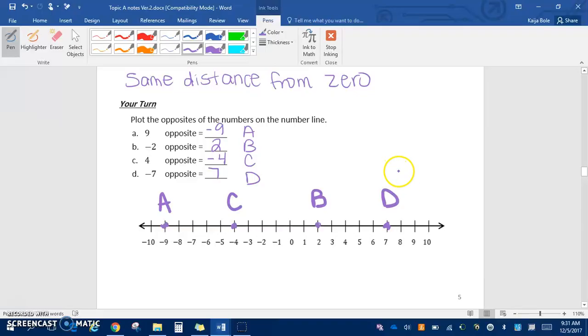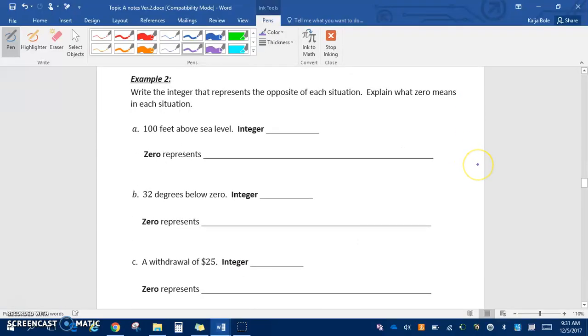So go ahead and flip over to the next page. We're going to go through example 2. It says, write the integer that represents the opposite of each situation and explain what 0 means. So, part A says 100 feet above sea level. So the integer that would represent that would be just positive 100.